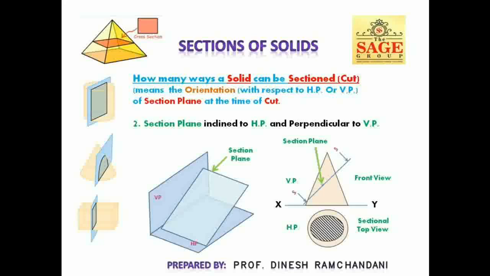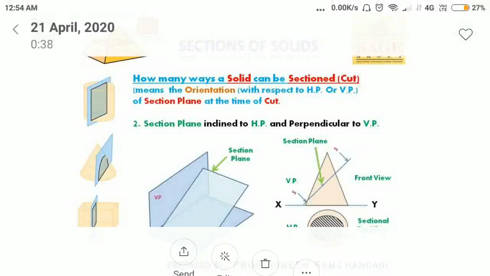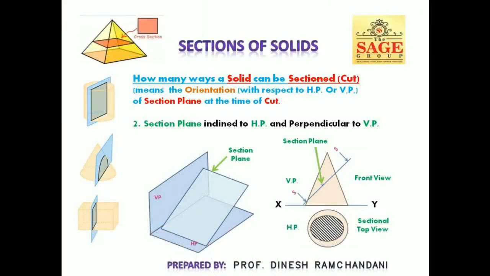So for case 1, when section plane was parallel to HP or ground, we got circular cross section as a new surface in top view. Whereas for case 2, when section plane was inclined to HP or ground, we will get elliptical cross section as a new surface generated after cut in top view only.